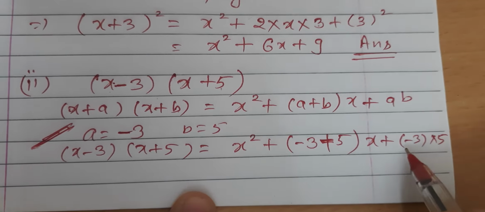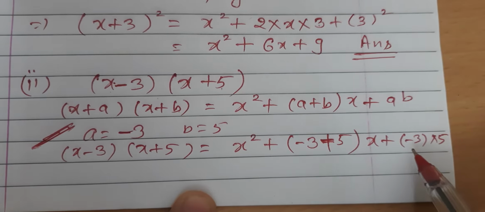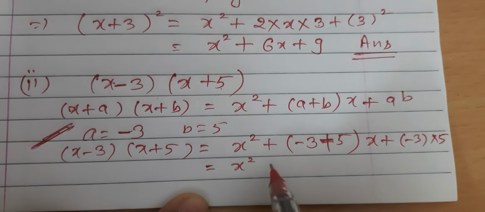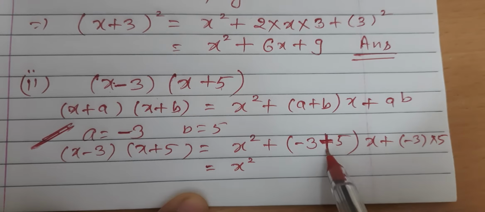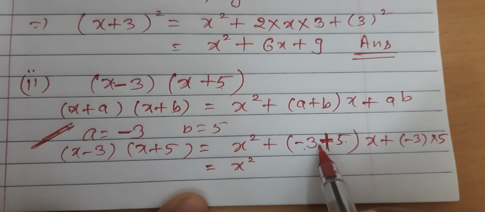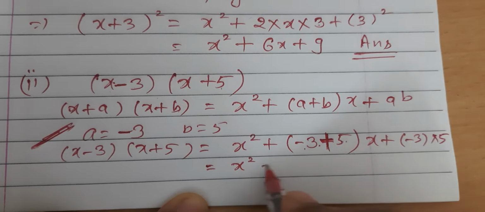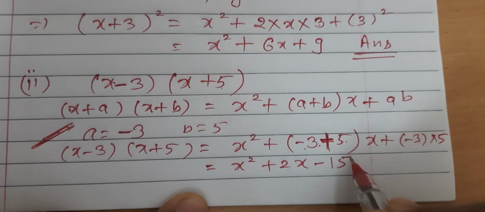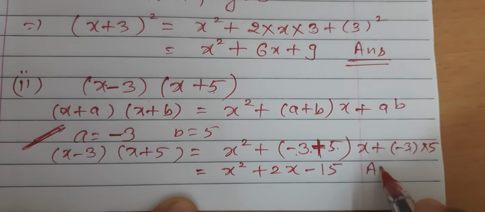Whenever you find this type of term, meaning two signs together, because of this minus sign we'll always put a bracket. Now x square plus 5 minus 3, that is 2, so plus 2x, and 5 multiplied by minus 3 is minus 15. So this is the answer.